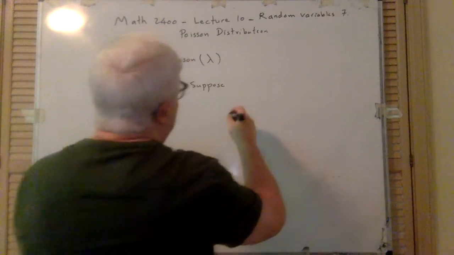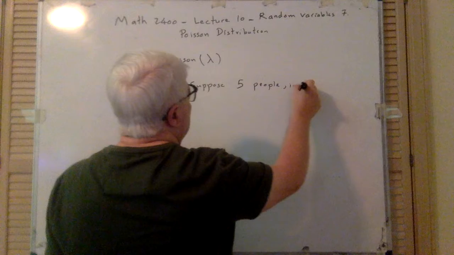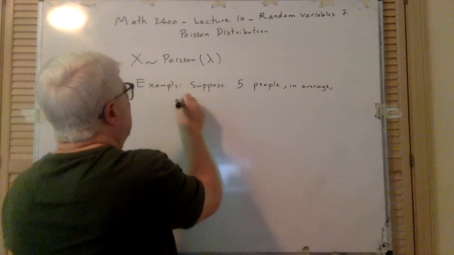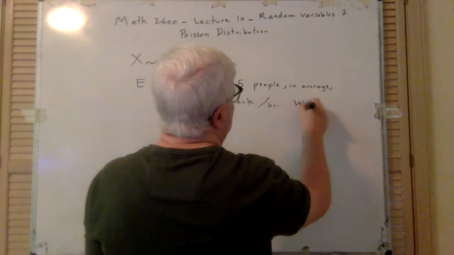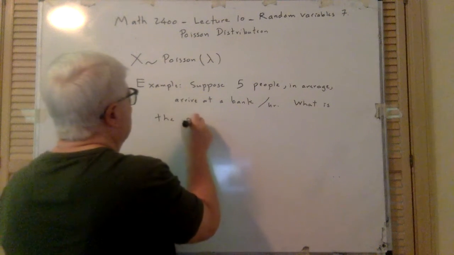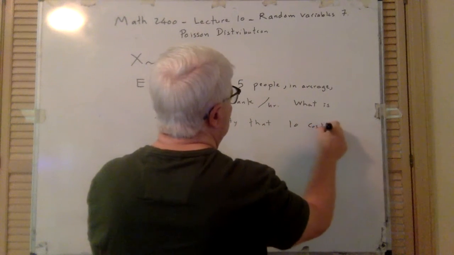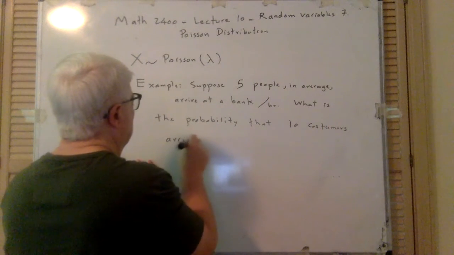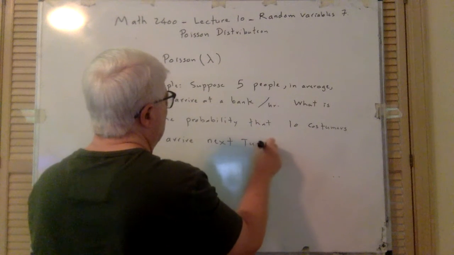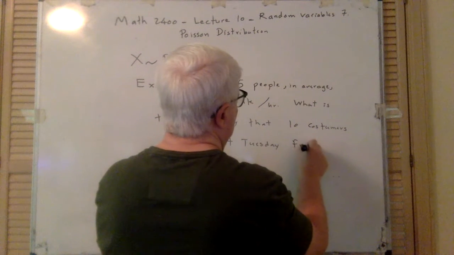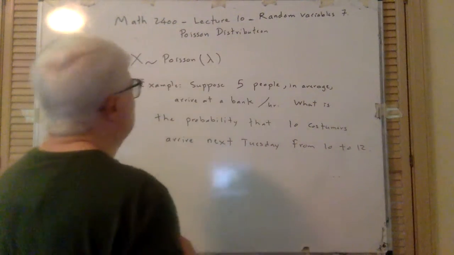So example is, suppose 5 customers arrive per hour on average, and we ask about the time from 10 to 12. So we can ask a question like this.